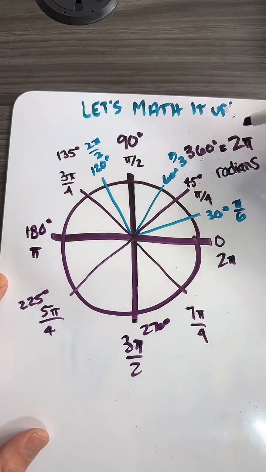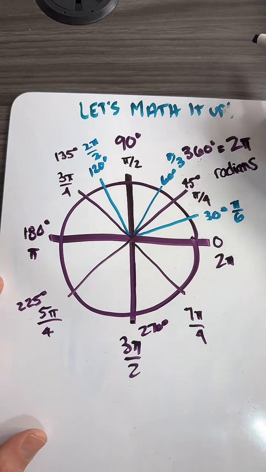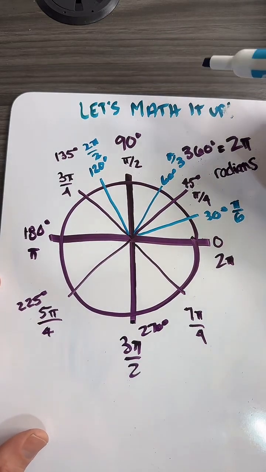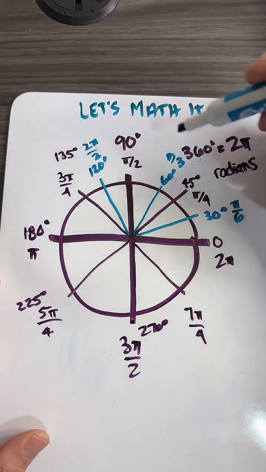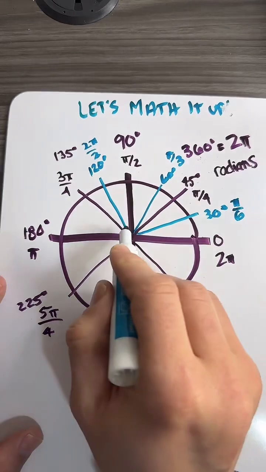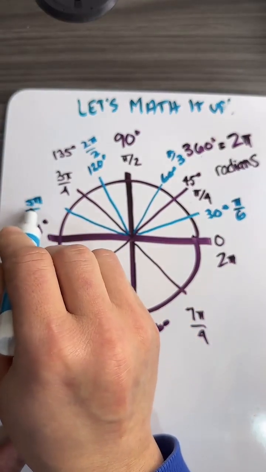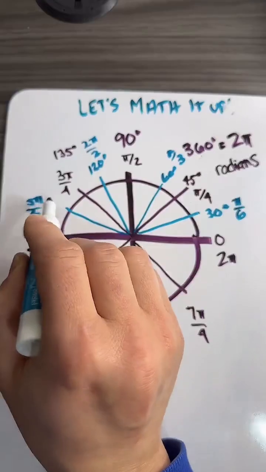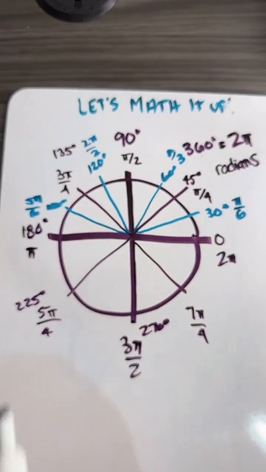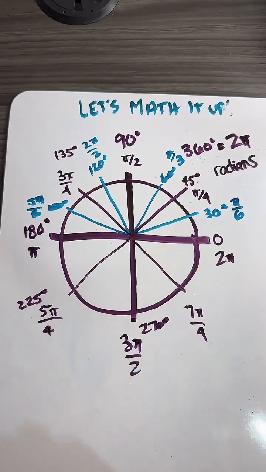I'm just counting. When I first teach this, I don't care whether they reduce or not. So then this one is going to be 5 pi over 6, which ends up being 150 degrees. Then we've got 6 pi over 6, and we keep going.